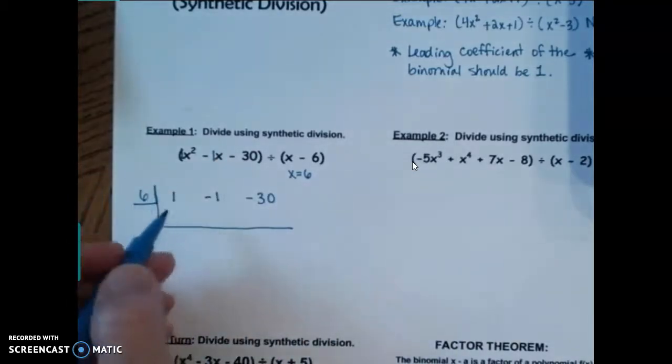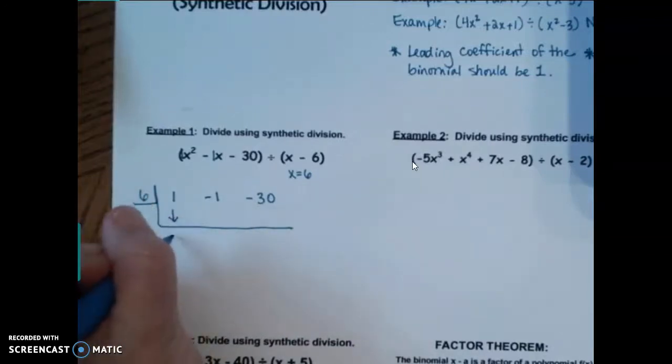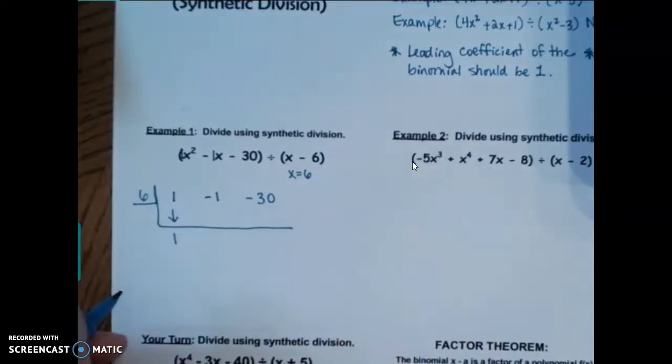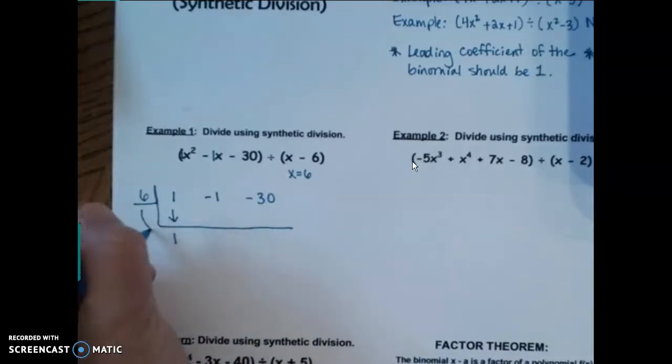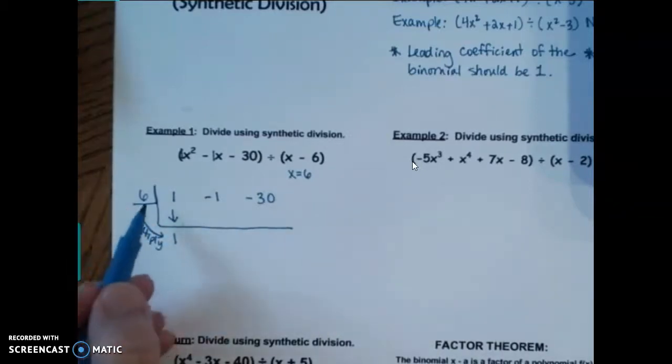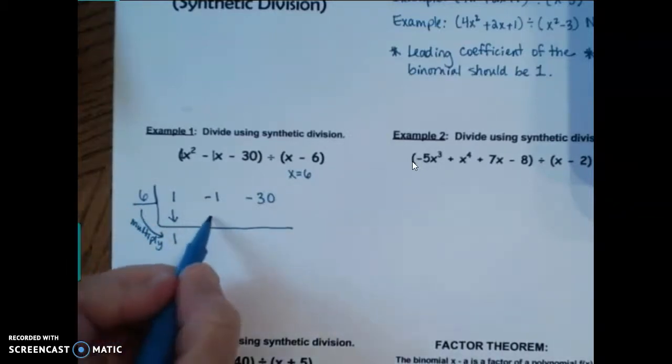Then the process to make this happen is you always drop your first term down, and then you're going to multiply. So I'm just going to write multiply. So we're going to say 6 times 1 is 6. That's going to go here.